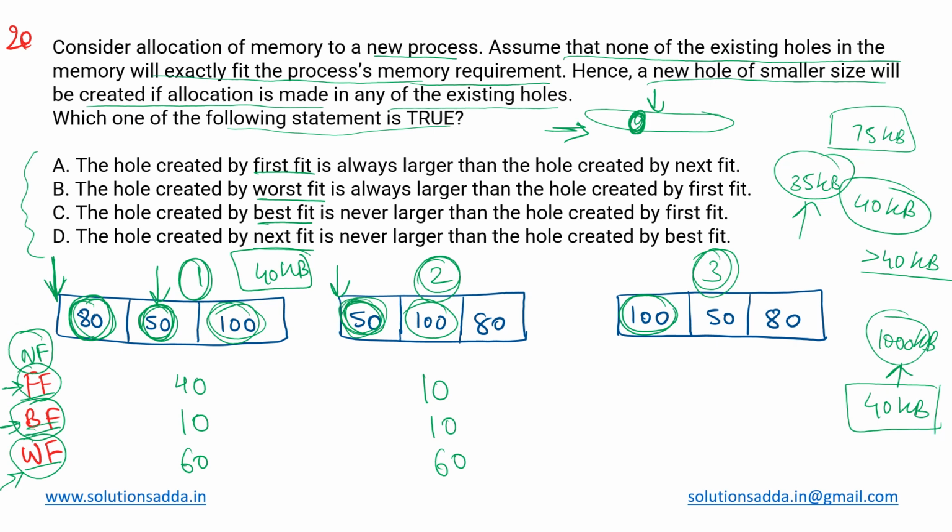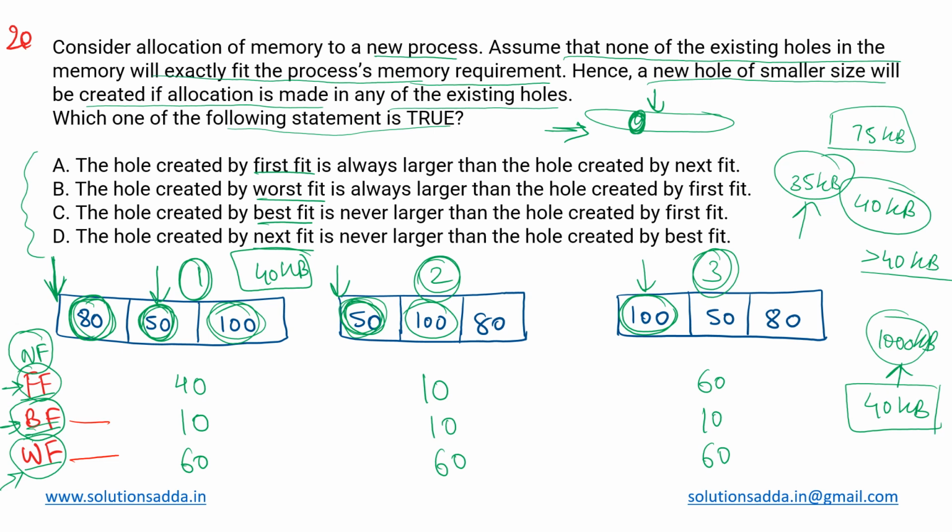Whichever it encounters first, that is blindly used. So here the hole will be 60. For best it will be 10. For worst will also use 100 itself. So for that also the hole will be 60. Now as you can see, the best fit and the worst fit are not concerned with the order in which the holes are placed.